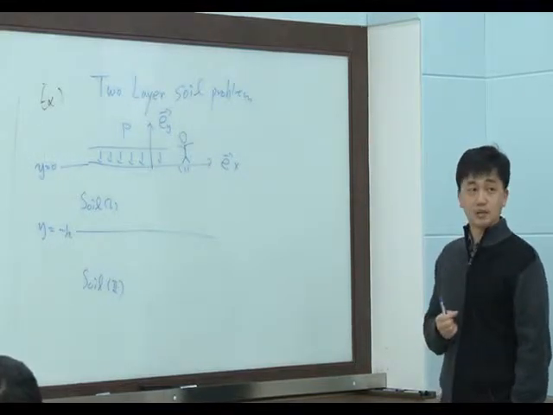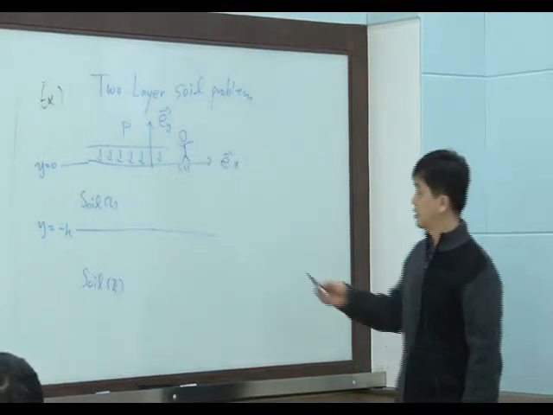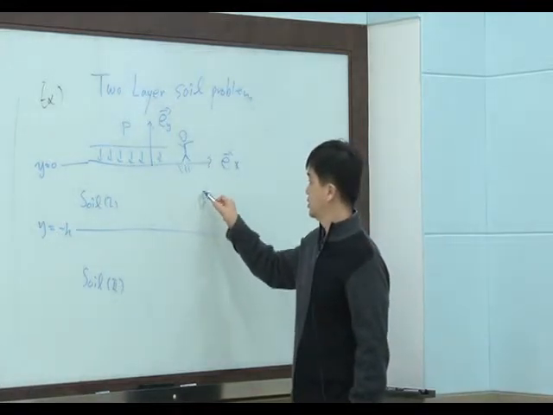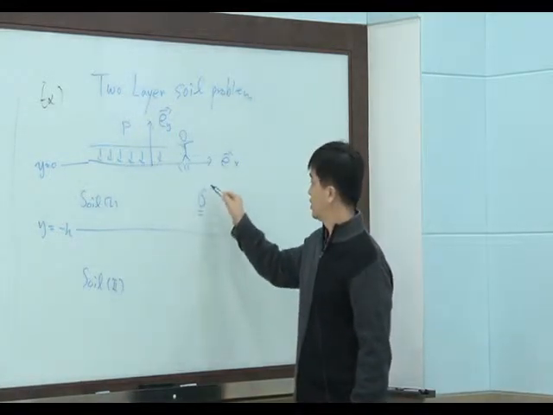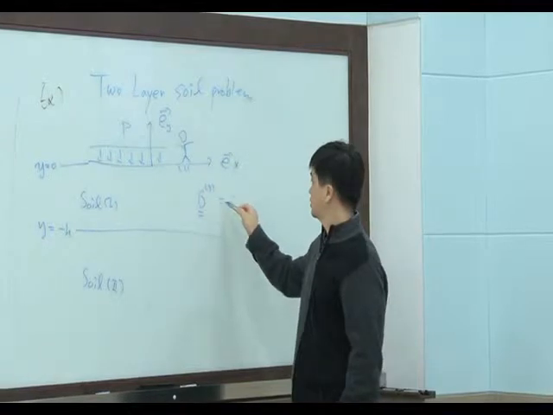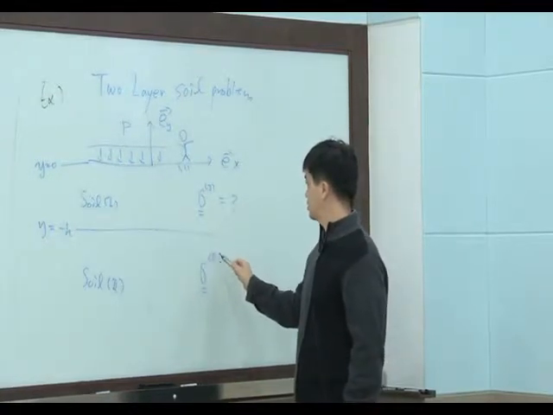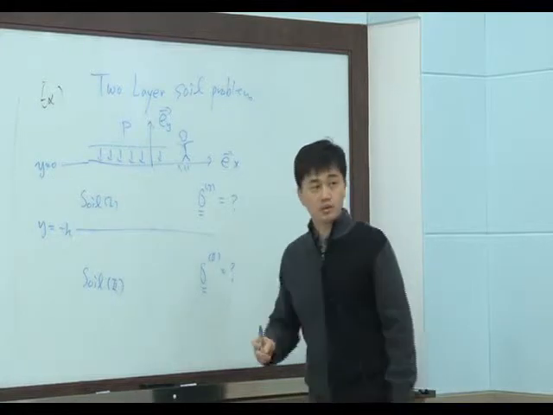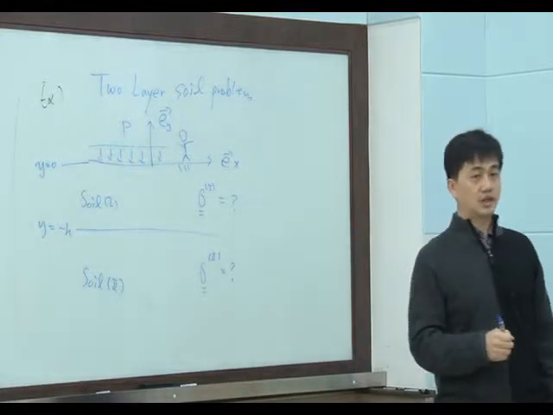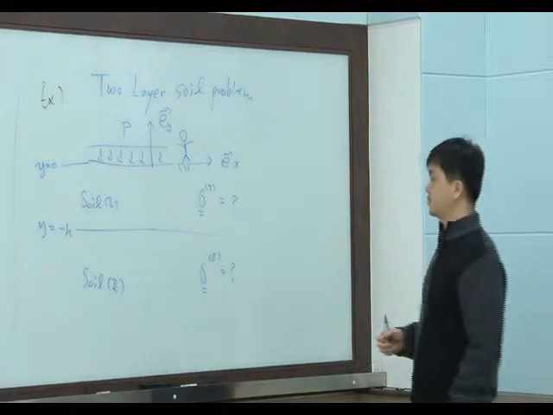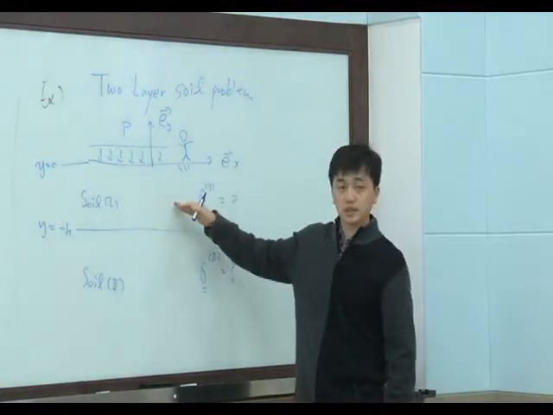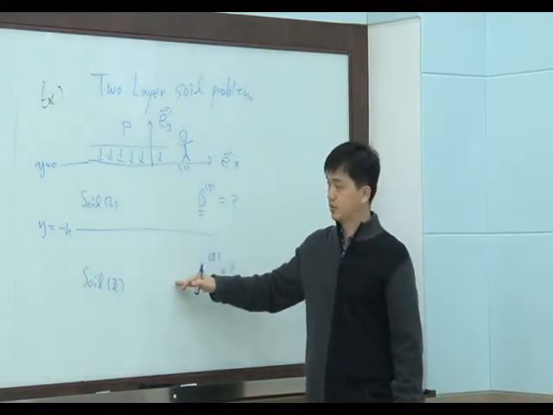So what I wanted to find is the stress field here, stress field 1, stress field 2. So I wanted to find the stress field in soil layer 1 and soil layer 2.